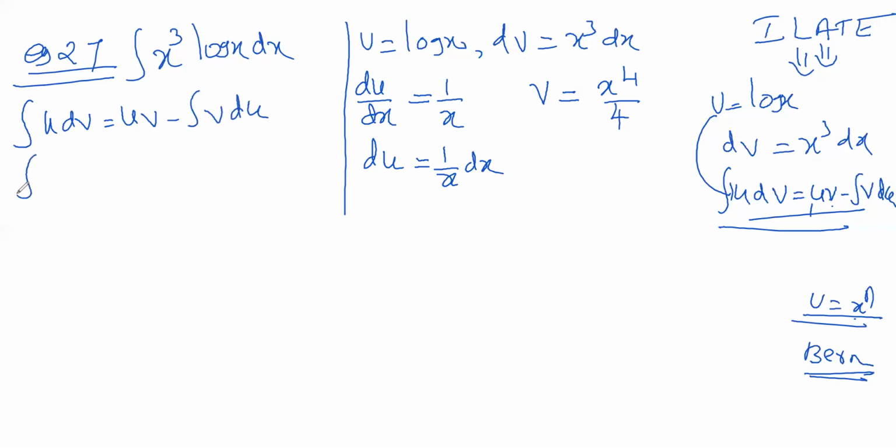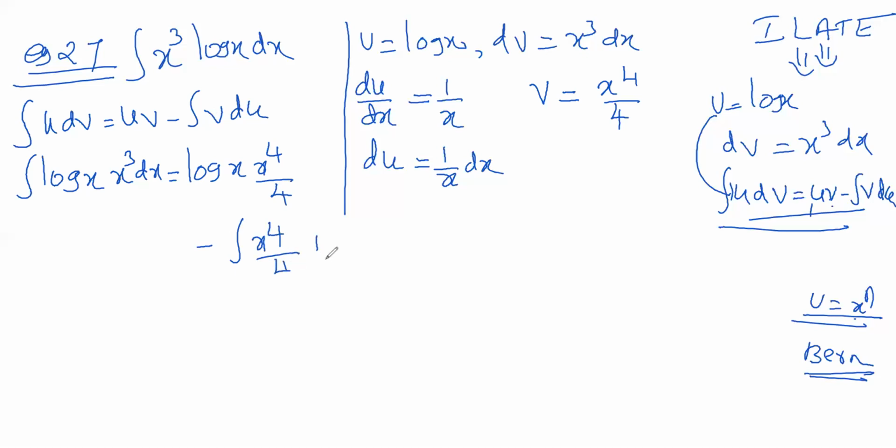So integral of u is log x and dv is x cube dx, which is equal to u is log x, and v is x power 4 by 4, correct, minus integral v du. What is v? x power 4 by 4, and du is 1 by x dx.